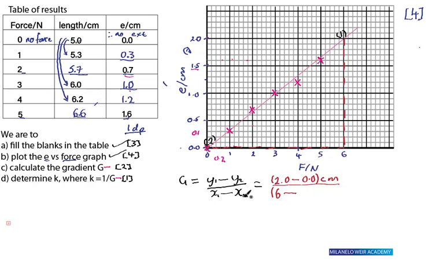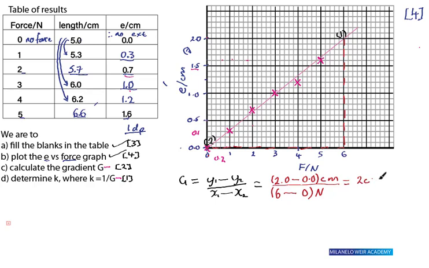What is the value of x at point 2? Here is point 2. The value of x is this, 0. This is in Newton, right? So what do we get? We get 2 minus 0, 2, 6 minus 0, 6.